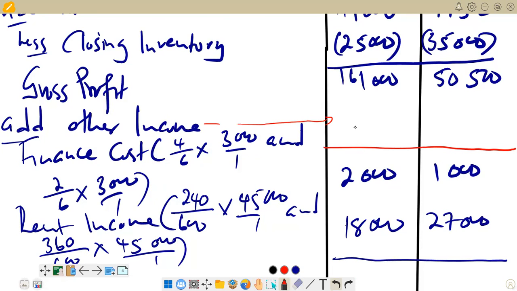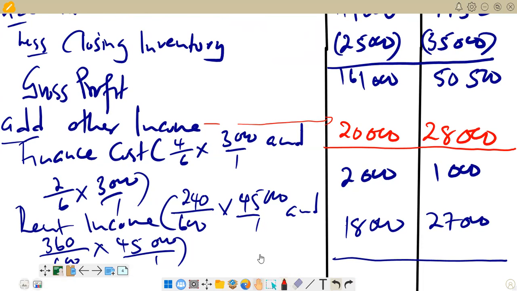And the total that you are supposed to get there for other income, 2 plus 18, obviously you get 20,000. Then you say 1,000 plus 27,000, obviously you get 28,000.